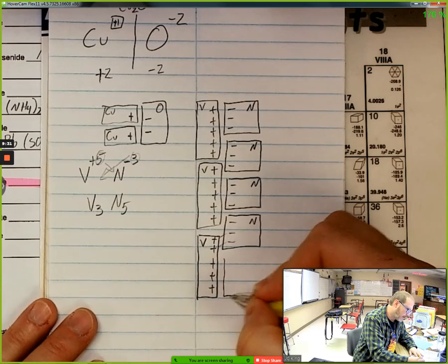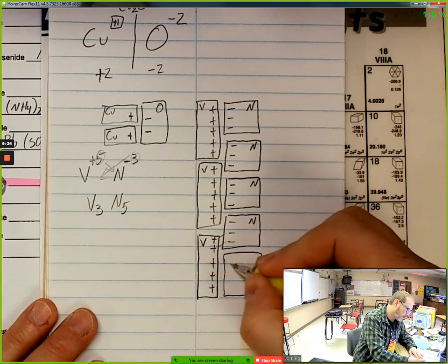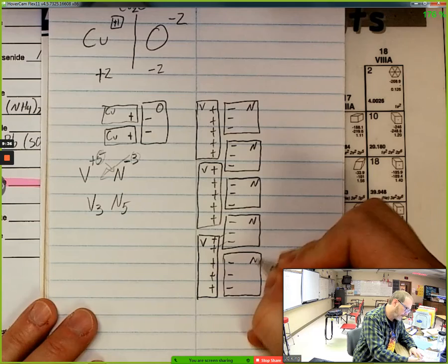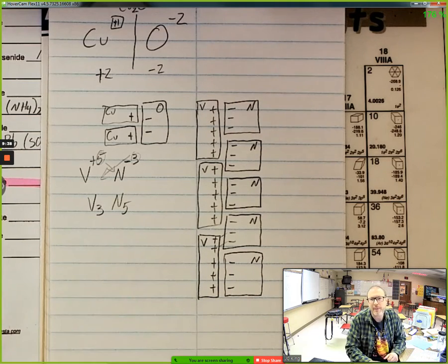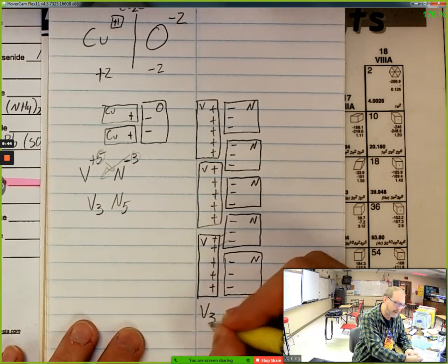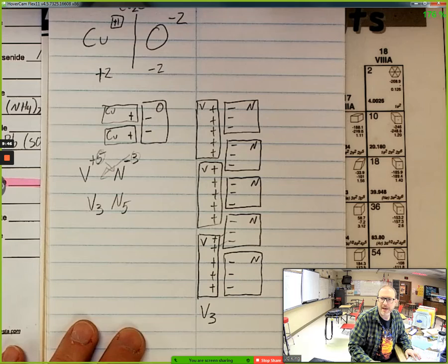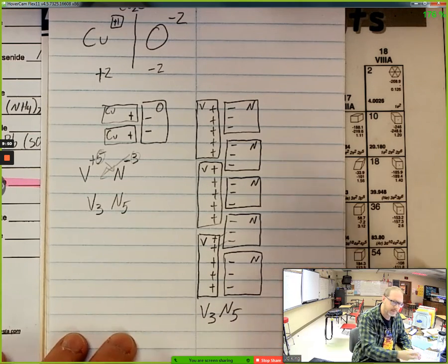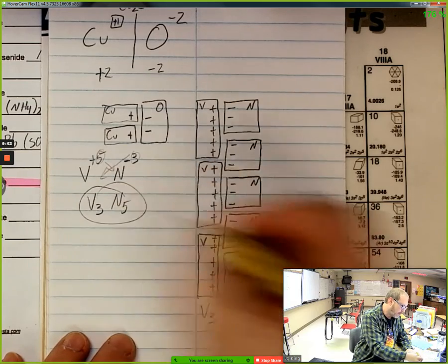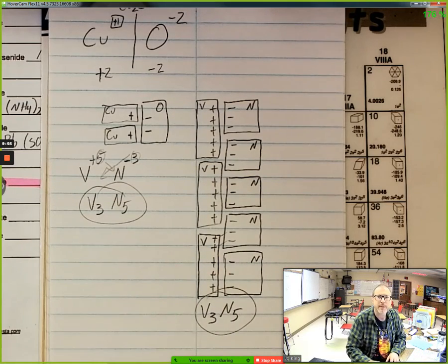You see where this is going? So if I count how many total atoms I've got right here, I've got 3 vanadiums. That would be V3. And I've got 5 nitrogens or 5 nitrides. That would be N5. So either way, that's my answer.